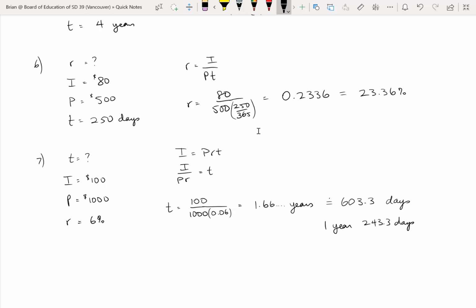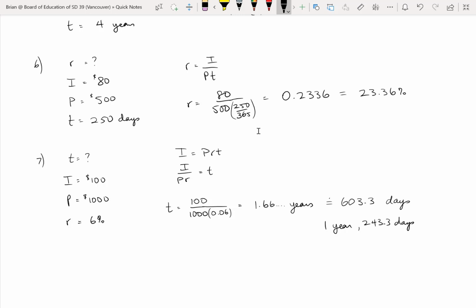Now, I've given you an answer there with a fractional number of days, but in reality, that's not likely to be ever the case that you're going to worry about. The bank is not going to give you credit for having your money in there for part of a day. They want the money in there for the full day.